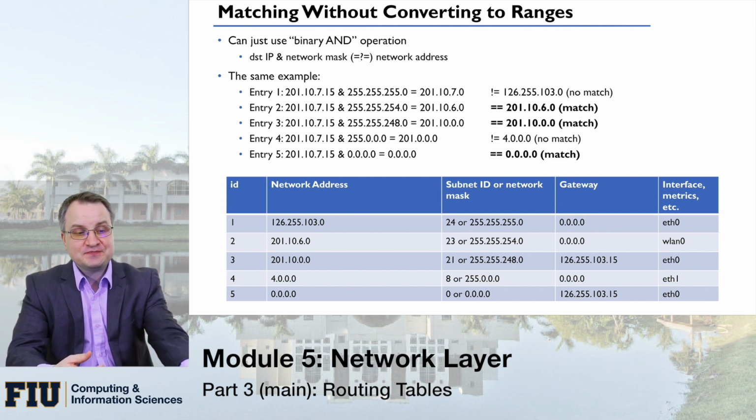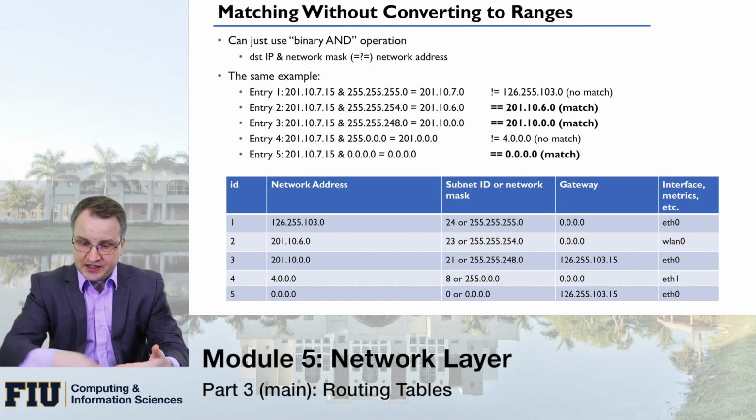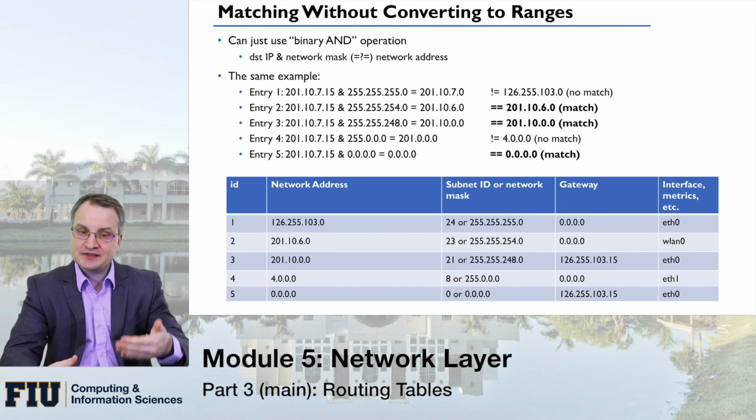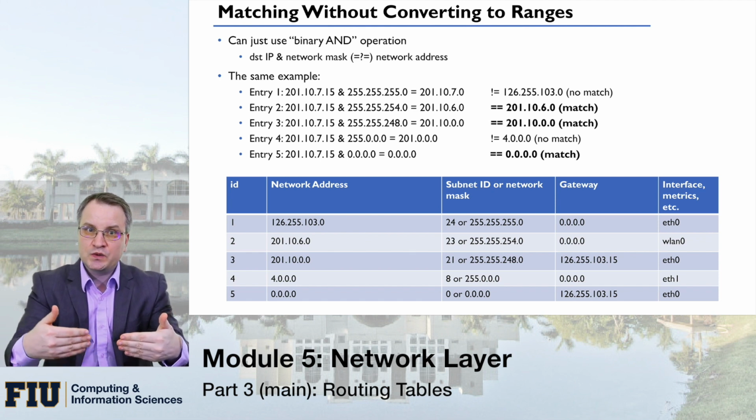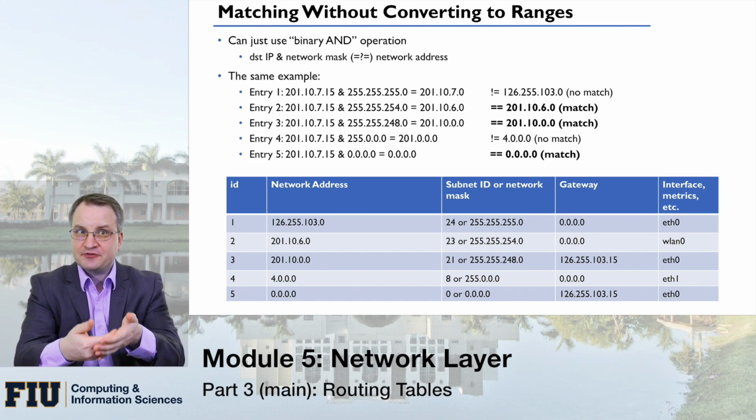So what you can do is take the IP address that you got, 7.15, and get the entry. For example, we're looking at entry number 1 and getting the subnetwork mask from that entry. We take the IP address, do a binary AND with the subnetwork mask, and get some result. So for entry 1, we get 201.10.7.0.